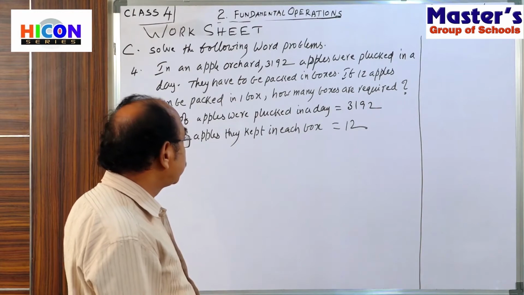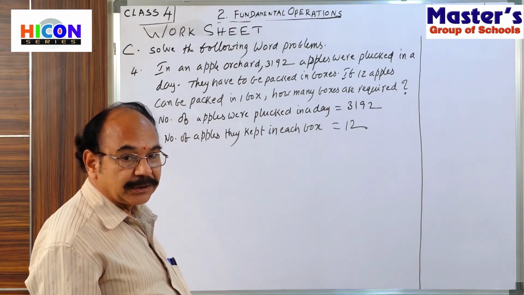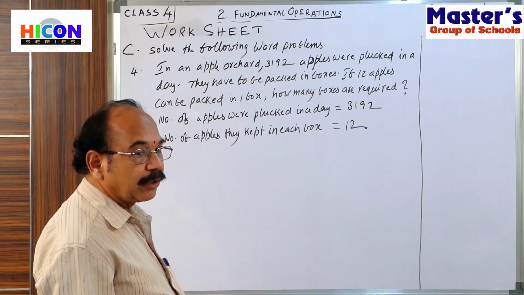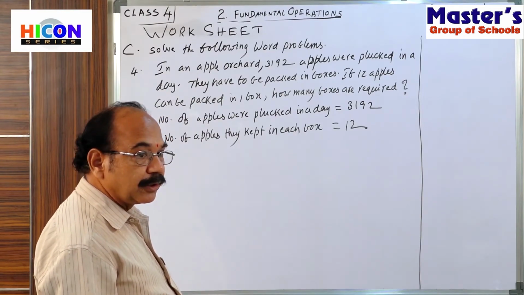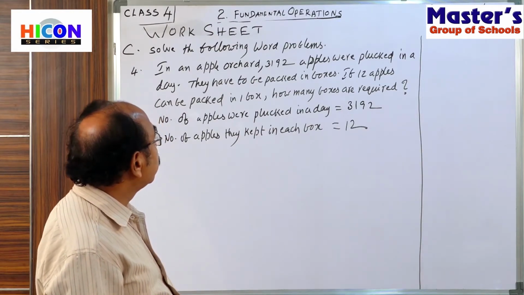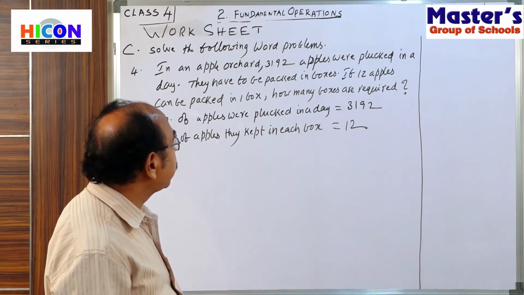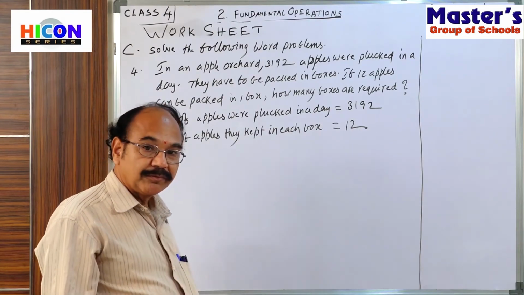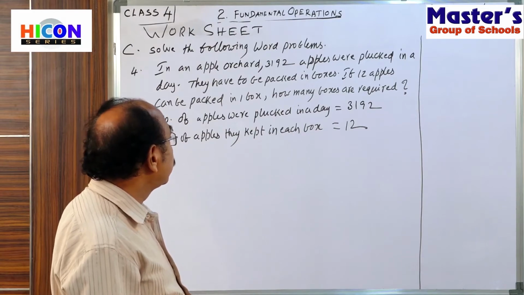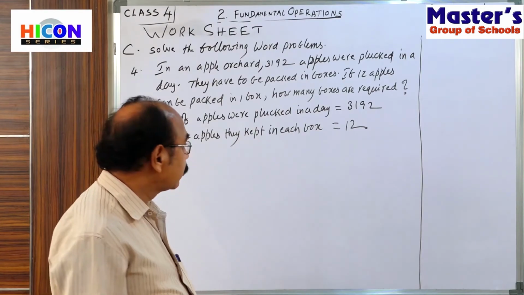Each box holds 12 apples. How do you know that? Just by showing the division work. Divide 3,192 by 12. After division, you can get the boxes required.